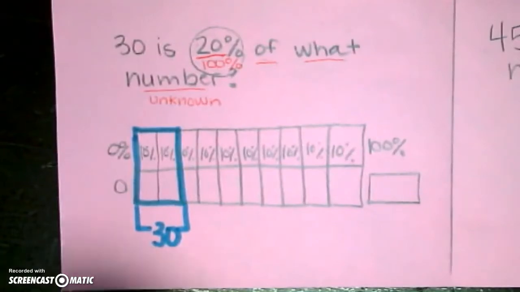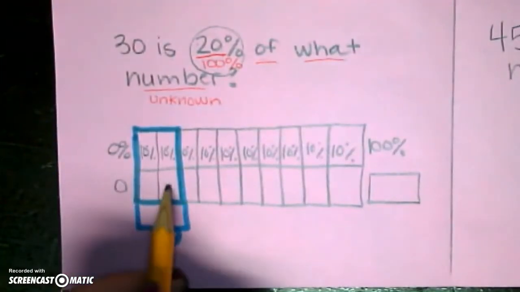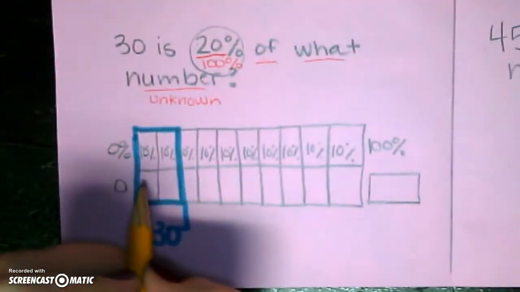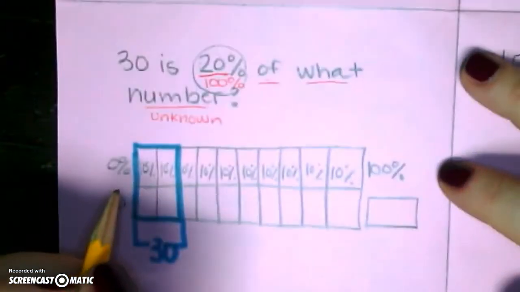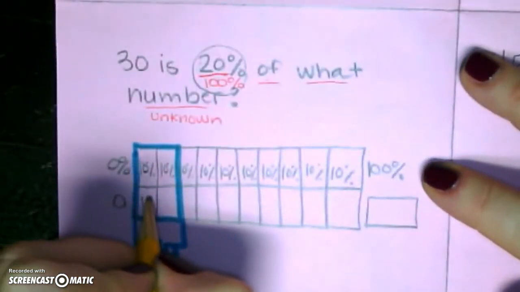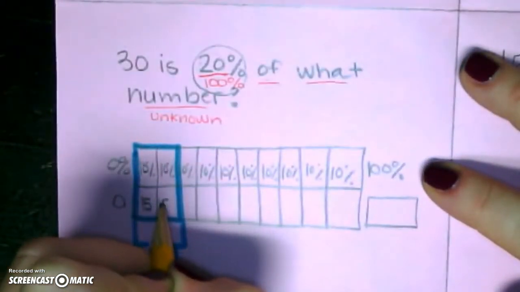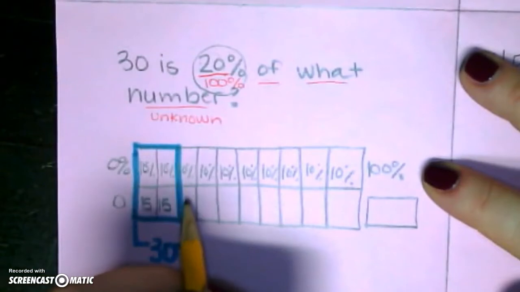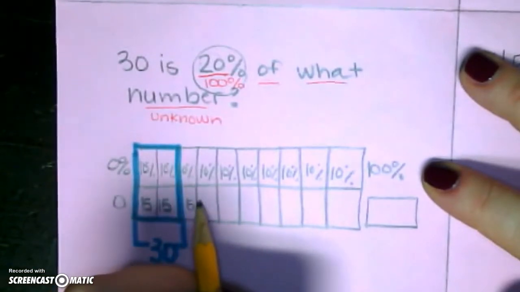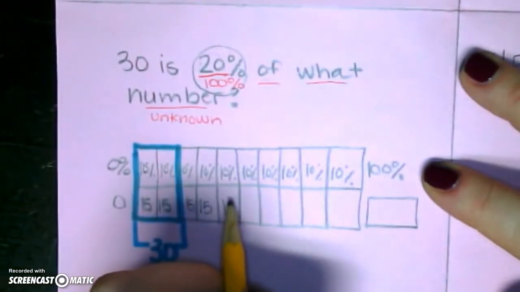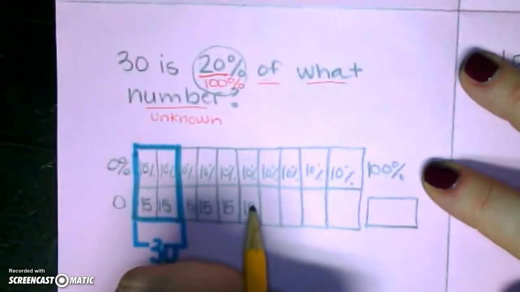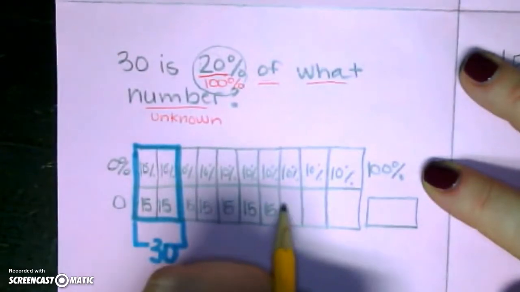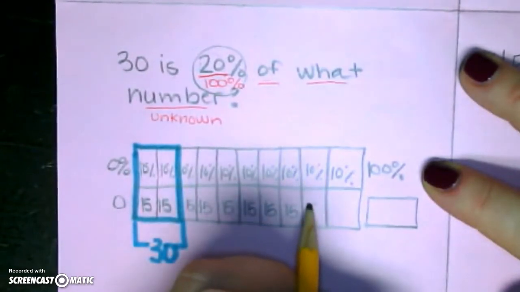Well, if this part is worth 30, you can share 30 equally between those two pieces. And when you do, you'll see that each piece is worth 15. Well, if those two pieces are worth 15, then all of these pieces are worth 15.